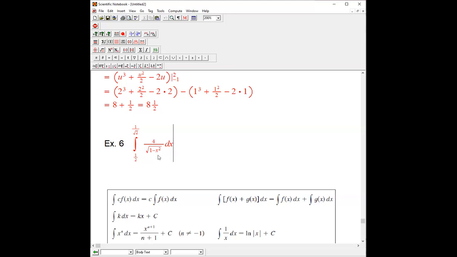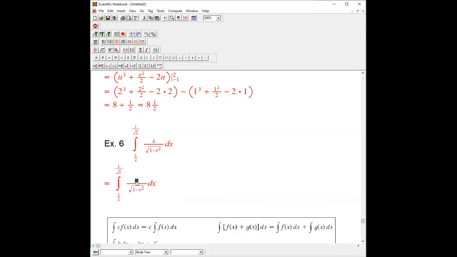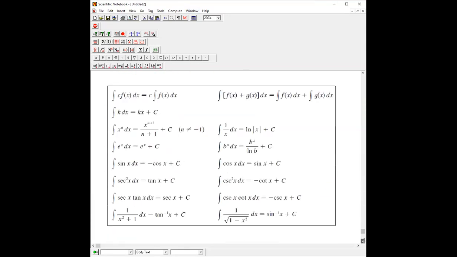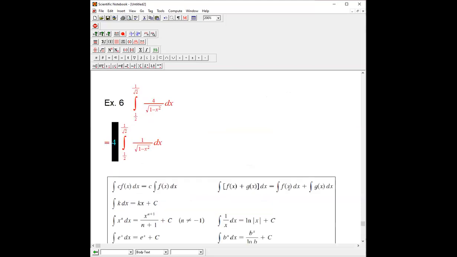Make sure you express it properly. In this case, the integration can be expressed, the 4 can be taken out like that. And the antiderivative of 1 over square root of 1 minus x squared, that's arc sine x.